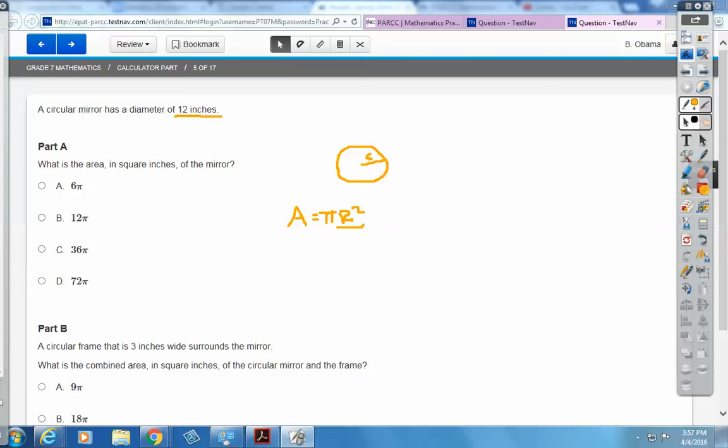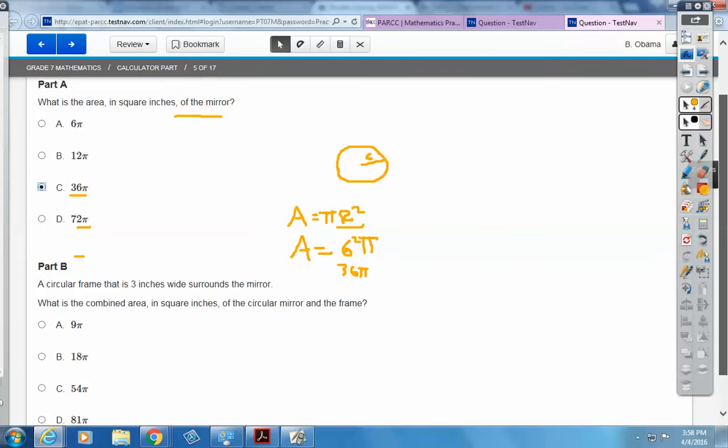Well, the radius is 6, so we have area is equal to 6 squared times pi. 6 squared is 36 times pi. And look, all the answers include pi, so I don't have to multiply the pi out. I just have to know that I'm multiplying 36 times pi.